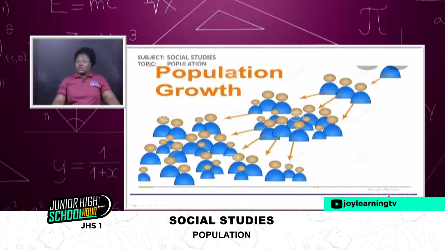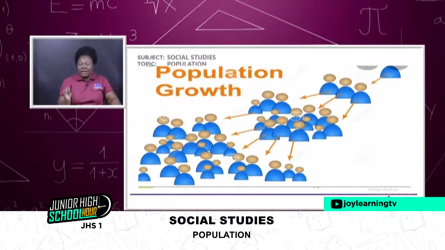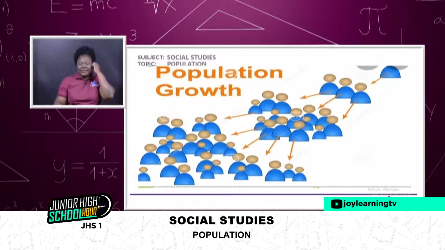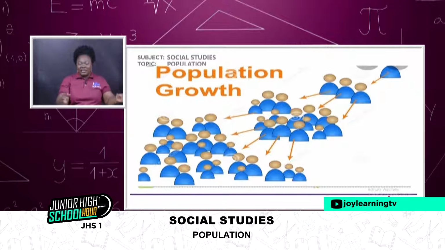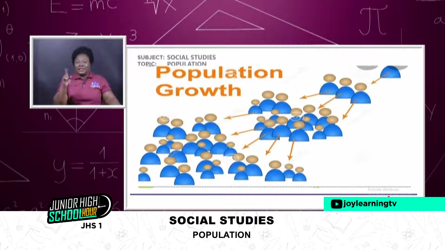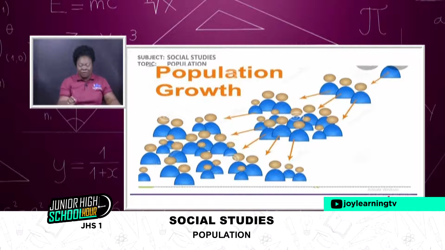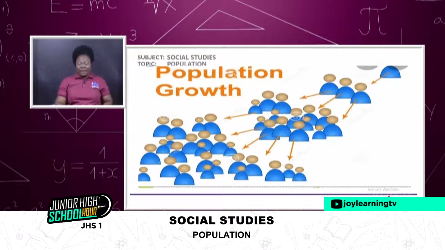Now that's a picture on your screen showing population growth. So you see this man here. Let's name him Mr. Mensah, or let's name him Bismarck. So Bismarck is a single person living in one room, and later on, Bismarck decided to bring, let's say, the ICT teacher, say Ike, to come and join him. Then brought Iremi Madam. So there are three here.